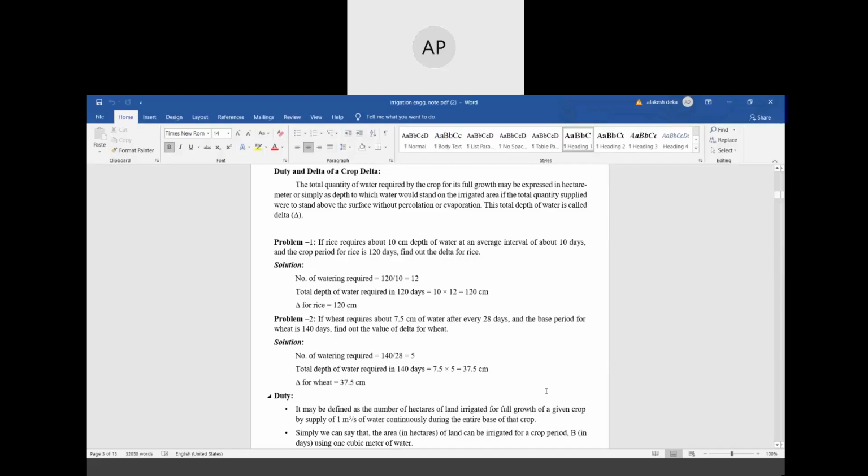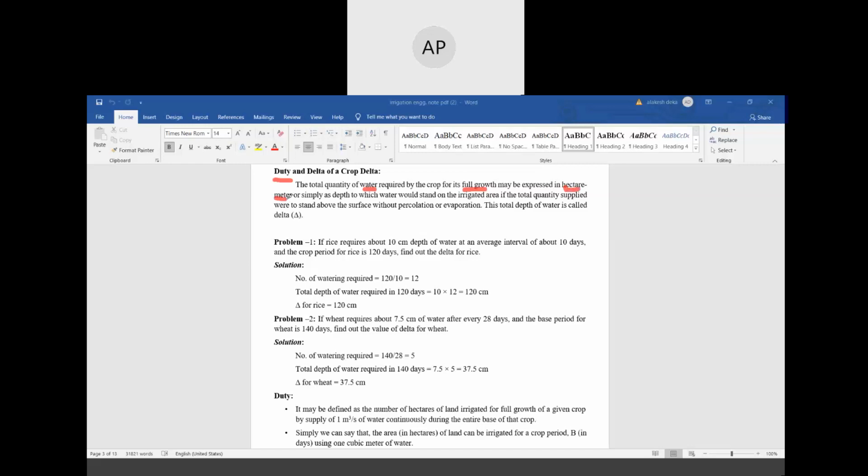So duty and delta. What is duty? The total quantity of water required by the crop for its full growth, may be expressed in units of hectare meter.